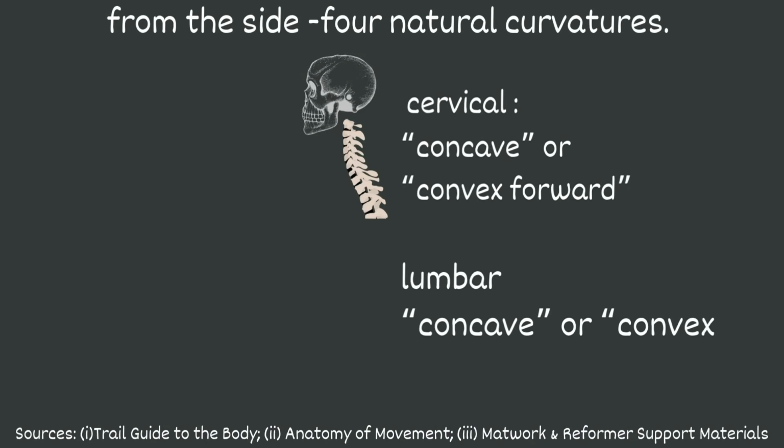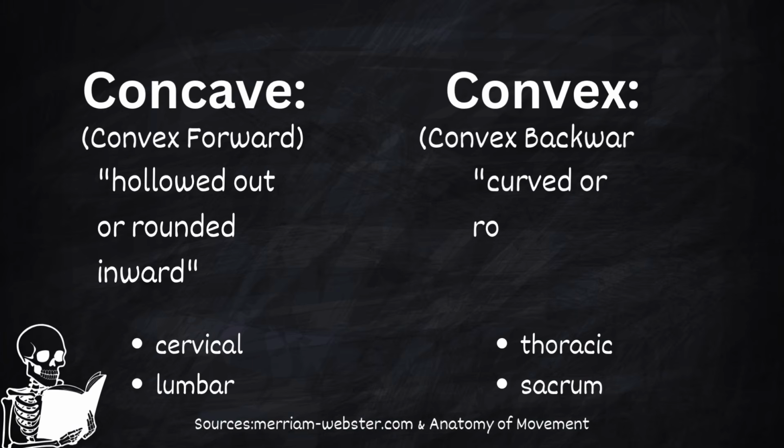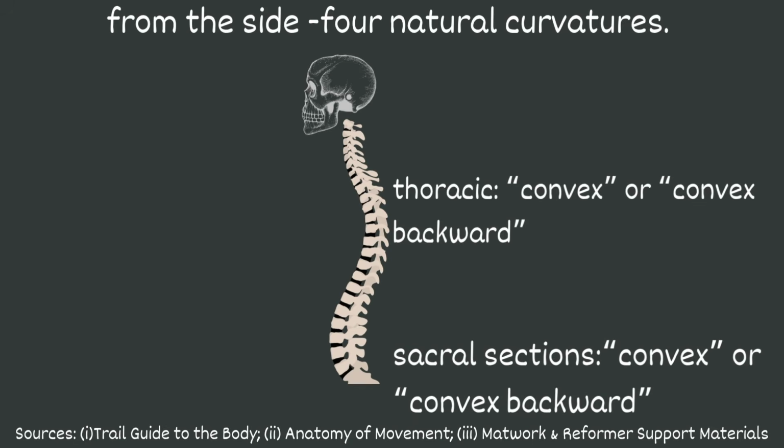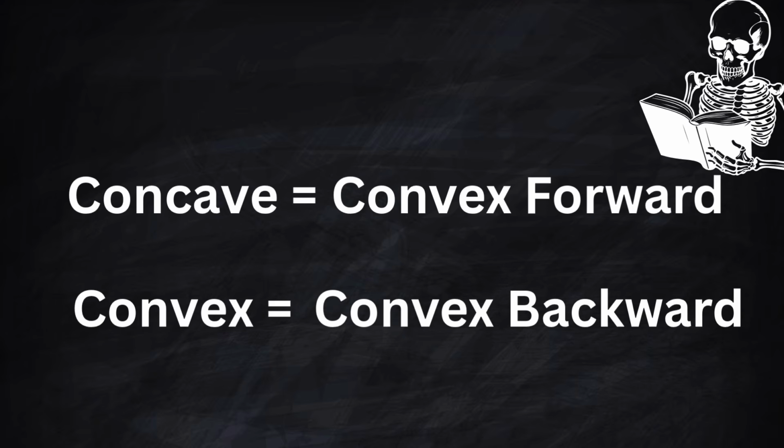You will find concave curvatures in the cervical and lumbar spine. Convex means curved or rounded outward. And you will find this in the thoracic and sacrum sections of the spine. Some anatomy books refer to concave as convex forwards and convex as convex backward.